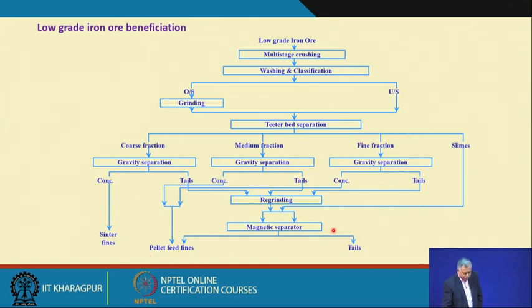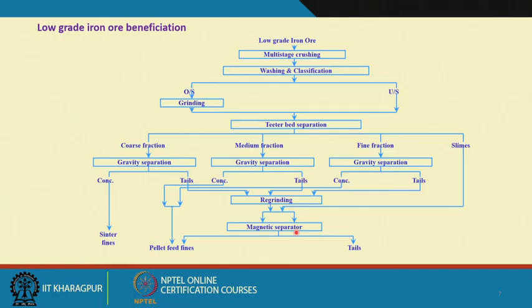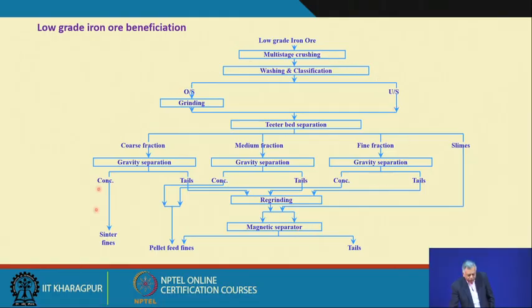So, the ultimate decision making, the quality control, is being done by the magnetic separators. This is why the capacity of magnetic separators, without compromising the effectiveness, has to be increased, otherwise you need many more magnetic separators. This is one approach proposed for a low grade iron ore beneficiation circuit.